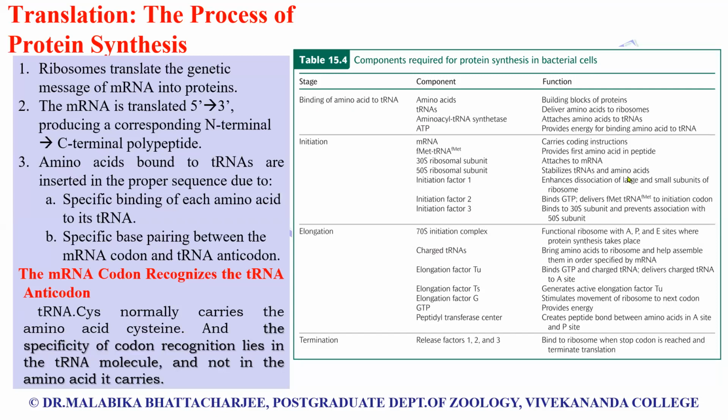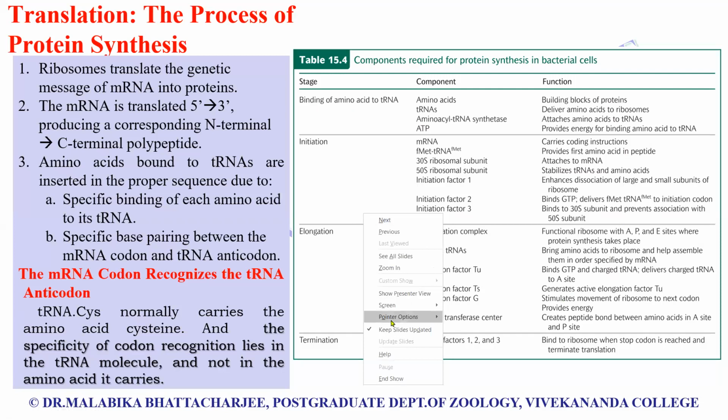So this is, in a nutshell, what are the different components required when we talk about protein synthesis in bacterial cells. We will restrict ourselves to protein synthesis in bacterial cells, even though there is much similarity between protein synthesis in eukaryotes and prokaryotes.